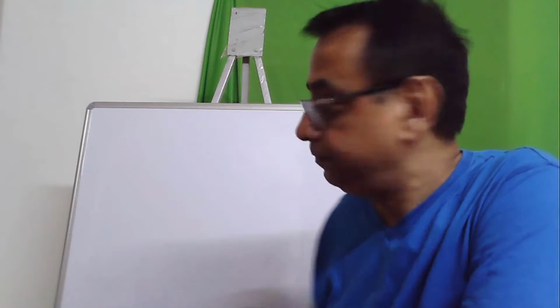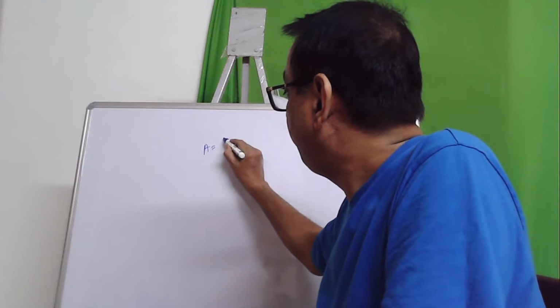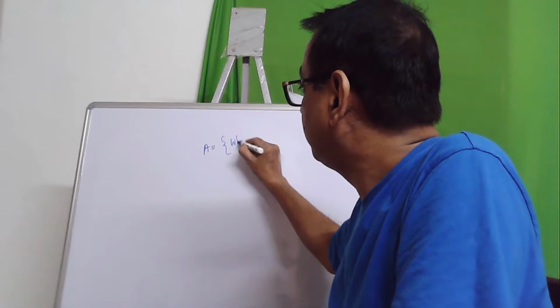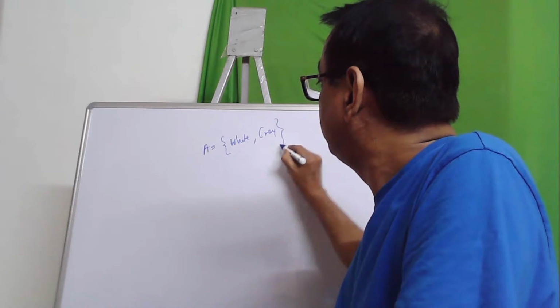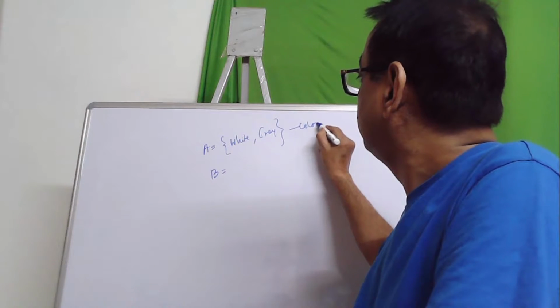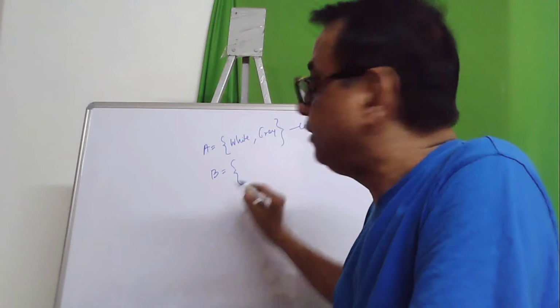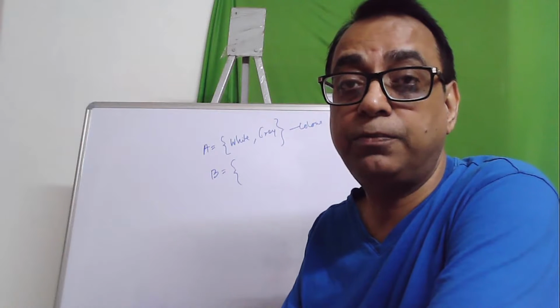To understand functions, we need to understand sets, and we have to understand Cartesian products of sets. Let me give one example. Suppose A is a set of colors, let's say white and gray, and these are colors, and B is a set of mobile phones manufactured by different companies.